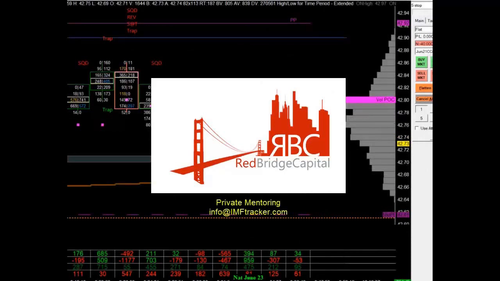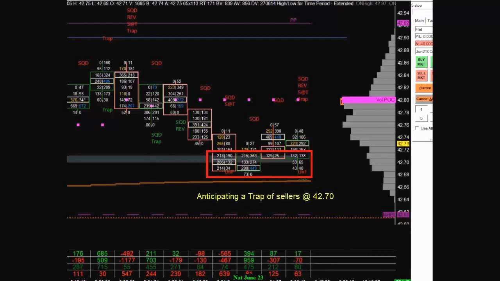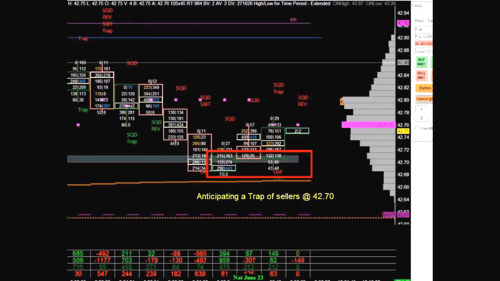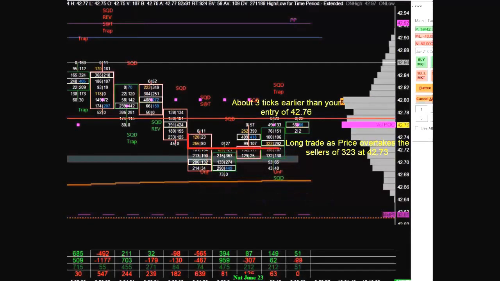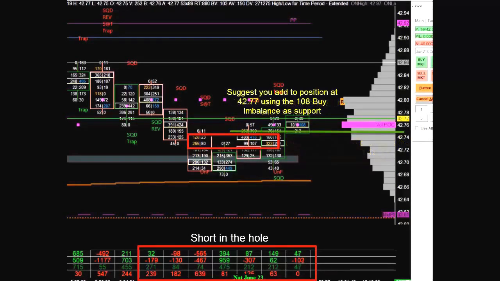Okay, so here we go. Let's take a look here. We're going to be looking at the first trade where we're anticipating a trap of sellers, which is our main bread and butter trade. That's where you're looking to find heavy negative delta, which is found down here beneath negative 103. And what's happening now is sellers are potentially getting trapped.